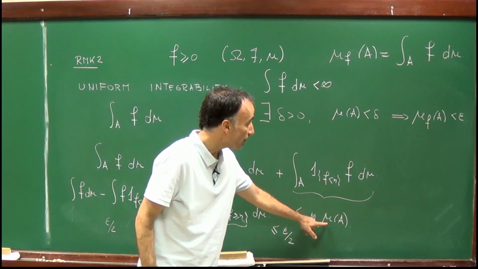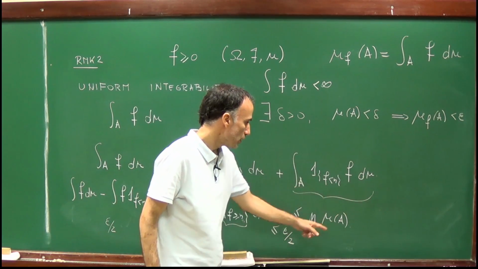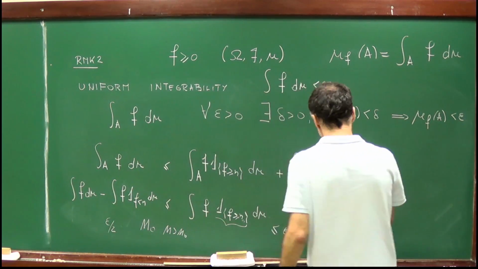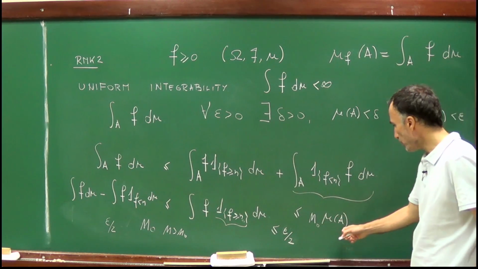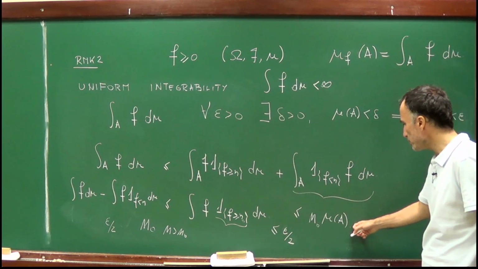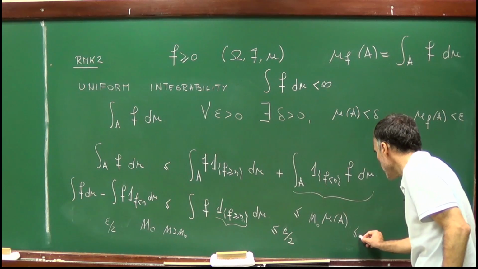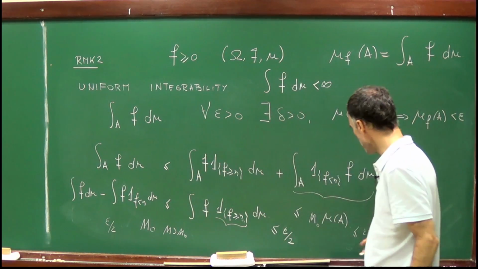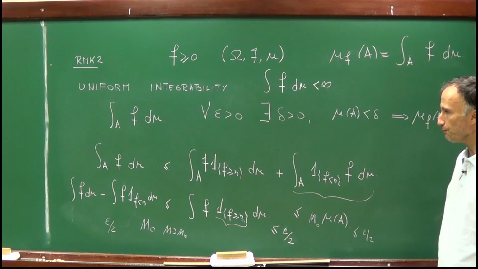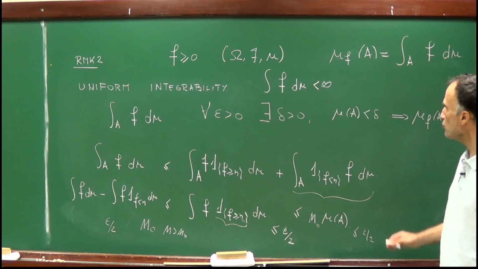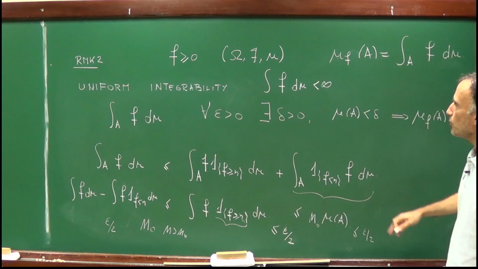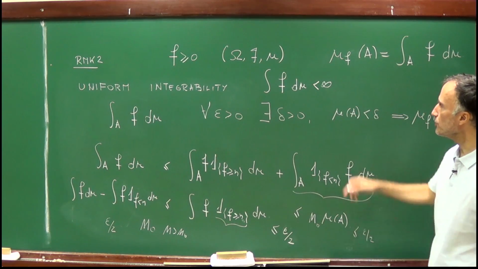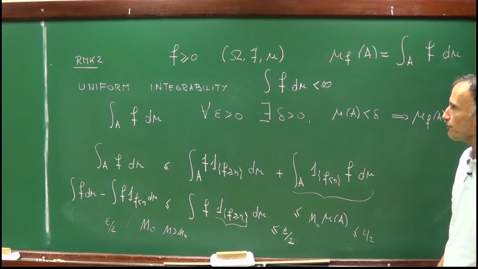And now I can find a delta such that if mu(A) is smaller than delta, then n_0 times delta will be smaller than epsilon over 2, and therefore this integral will be smaller than the sum, which is epsilon. Right? So this proves my claim, where I used the fact that f is integrable.